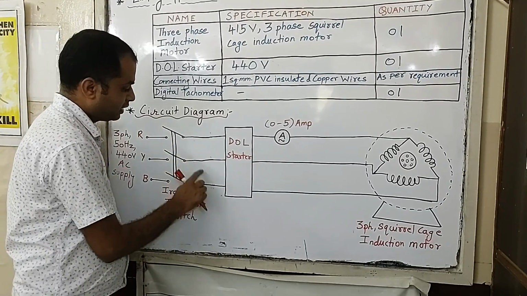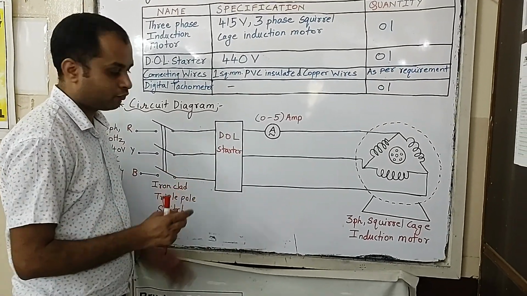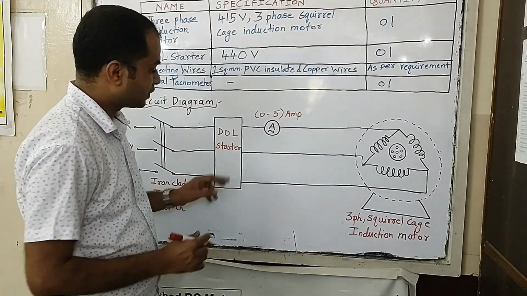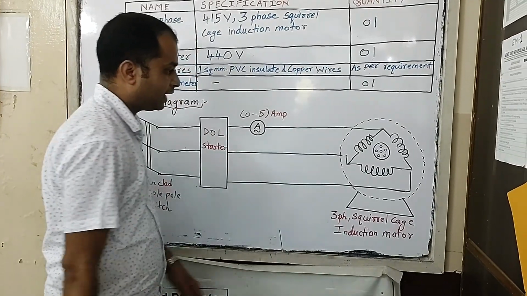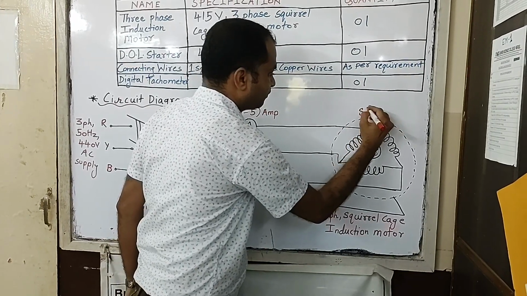This supply will be made available to the DOL starter for limiting the high magnitude of current. Then the output of the DOL starter will be directly connected across the stator winding of our three-phase induction motor.